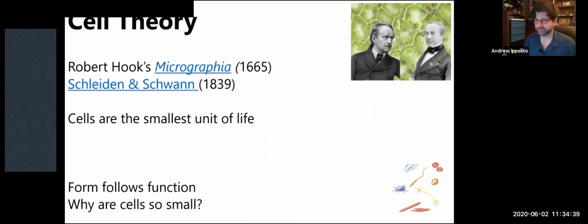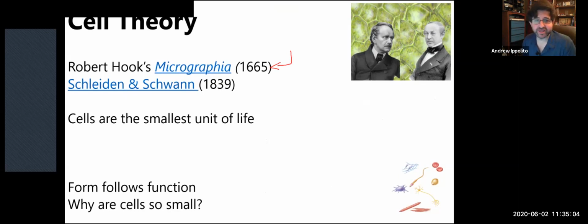As a very brief historic perspective, the concept that life is made of cells came as early as 1665. That's when Robert Hooke in the British Royal Society published his book Micrographia, where it was the first instances of microscopy.